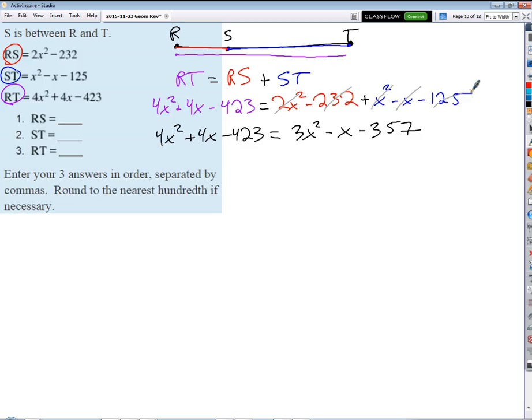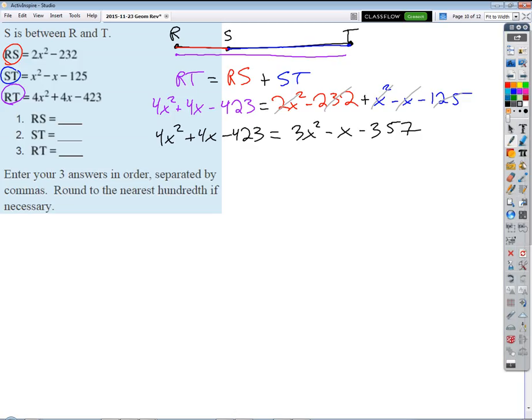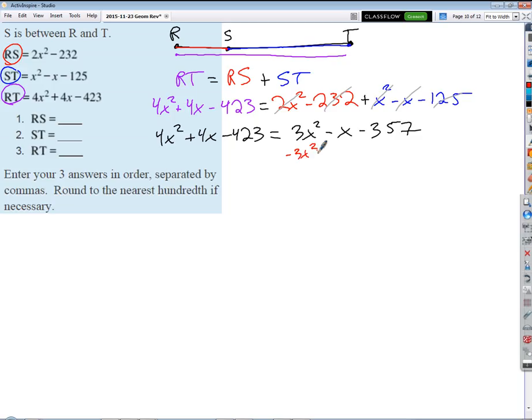That's really important. So which side are we going to move things to? The left side. So we'll subtract 3x squared from both sides. How do we get rid of this minus x? You just add x to both sides, and then here.